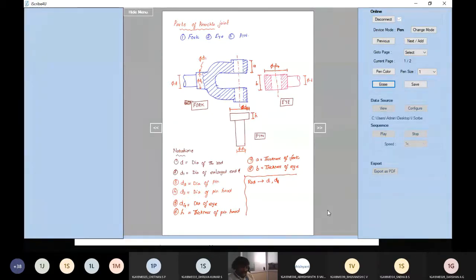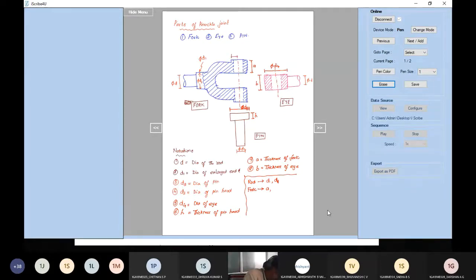Next, we will design the fork. What are the dimensions for the fork? For the fork you have A, as well as D4. If you see this D4, the diameter of D4 is the same here.